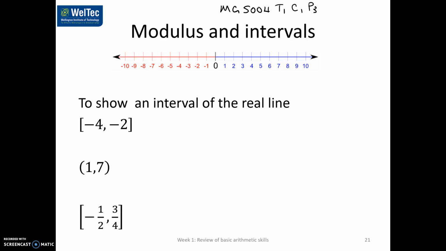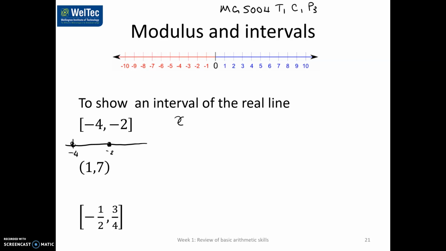We've got, for example, a closed interval -4 to -2. Now, if we draw that on the number line, it's from -4 to -2, and it includes the boundaries like that. So what we can say is, well, 3 must be in the middle.